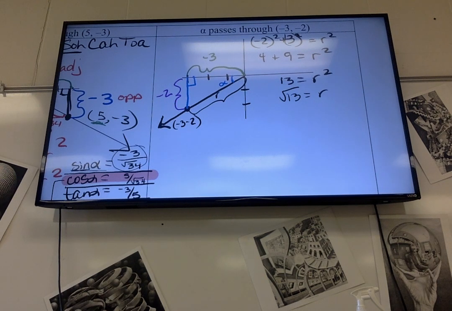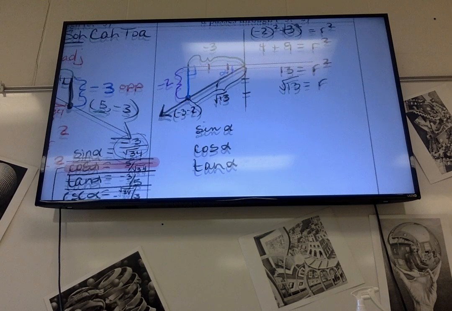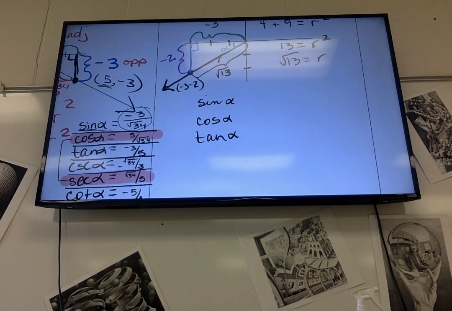And it's always the positive one because the hypotenuse is always positive. You don't have to worry about putting plus or minus there. So now that we know that's the square root of 13, I want you to write down sine, cosine, tangent, all of the 6 trig functions.